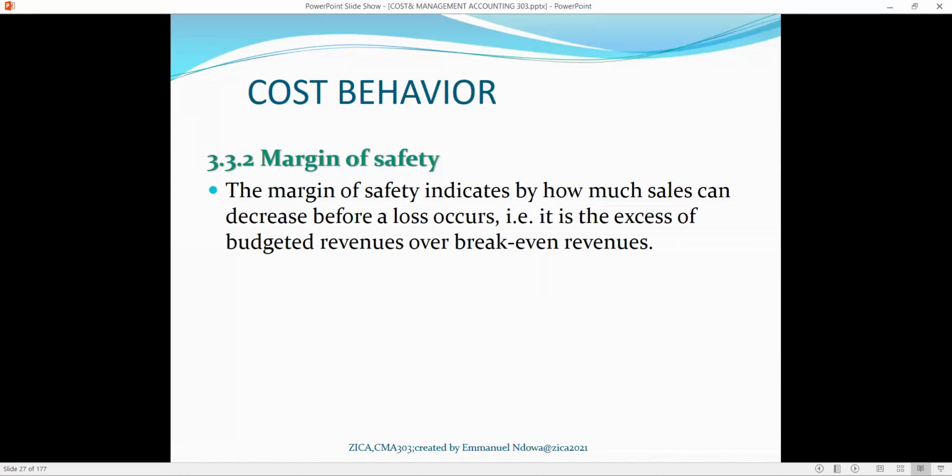The reason why you can highlight the cost volume profit analysis to management graphically is that there might be a change in the price in the market. You can highlight to management that despite a change in the price of our product in the market, we can still make some profits.